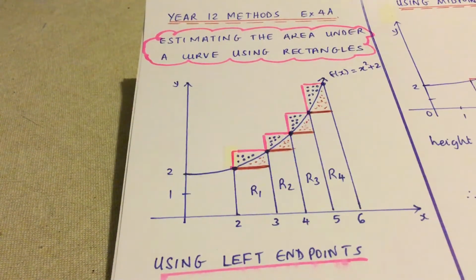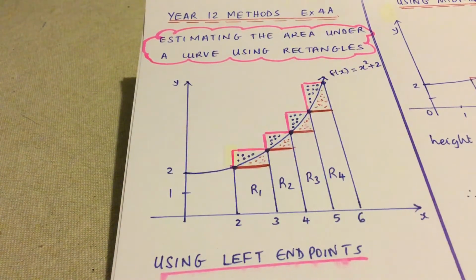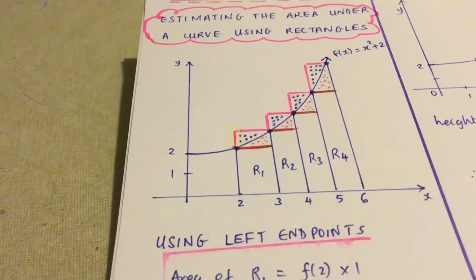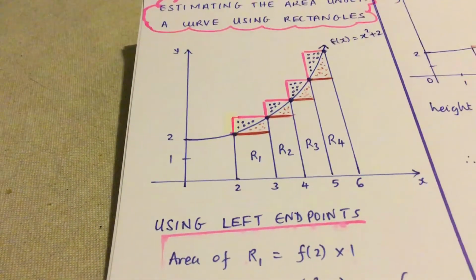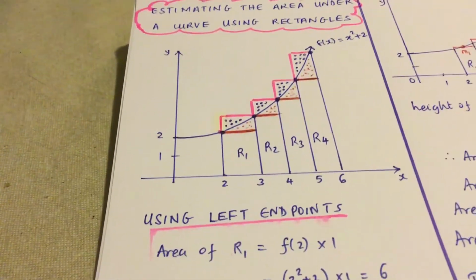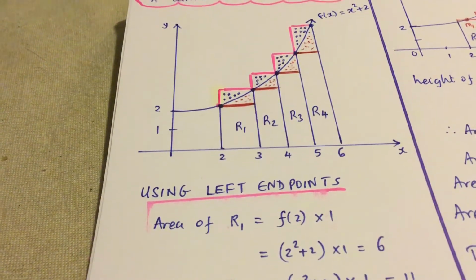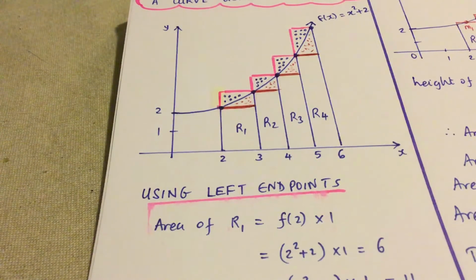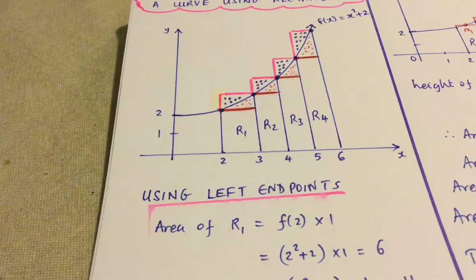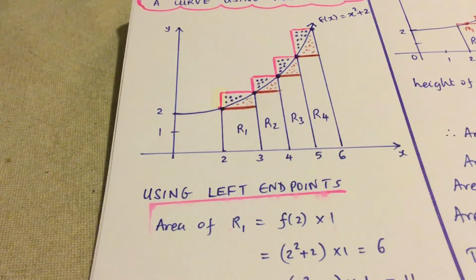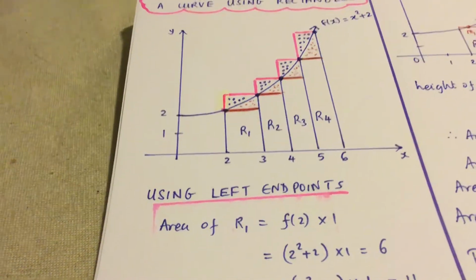To find the height of R1, we find f of 2, because f(2) gives us the height of the rectangle R1 when it's inscribed. So the area of R1 will be f(2), which is 2 squared plus 2, times 1, because the width of each rectangle is 1. A rectangle is length times width. So the width is 1 and the height is 6. So the area of R1 is 6.